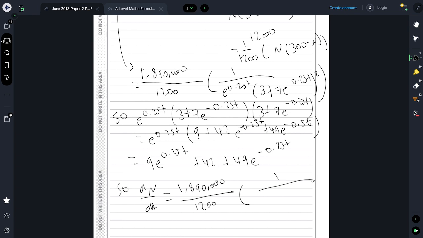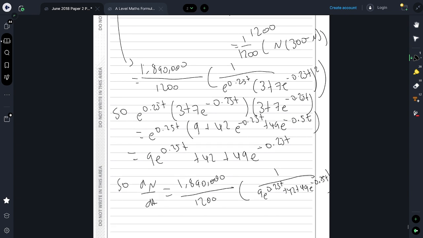So 9e to the 0.25t plus 42 plus 49e to the minus 0.25t. I made that clearer, sorry. I'm potentially thinking there's a hidden quadratic here. Let me check if it's not.